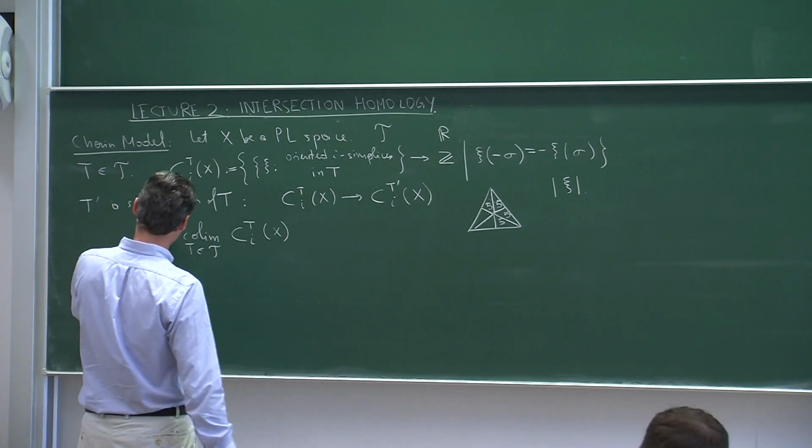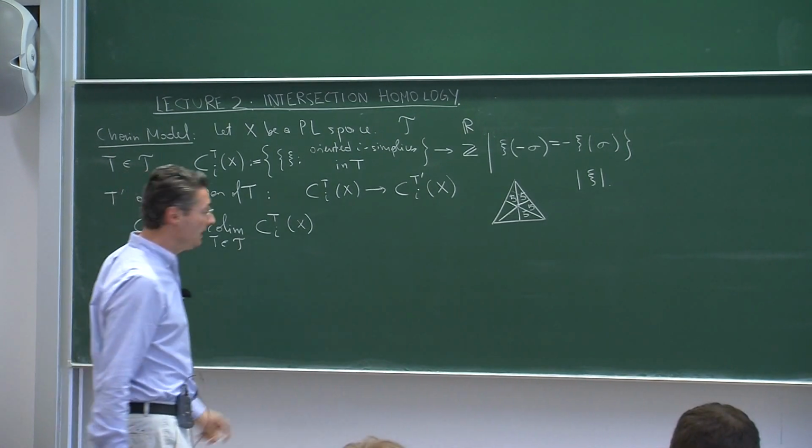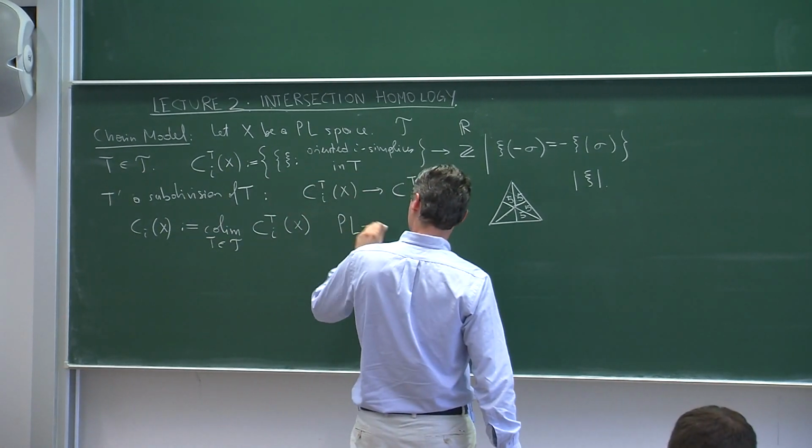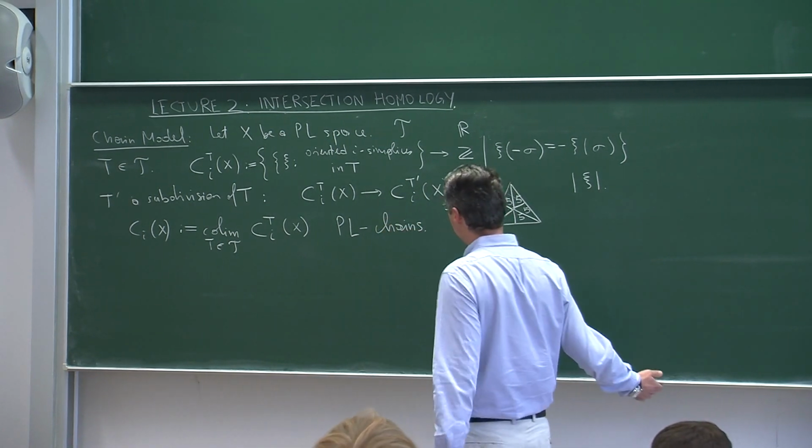And I call this C_i of X. And these are the PL chains. This is the abelian group of PL chains on X.